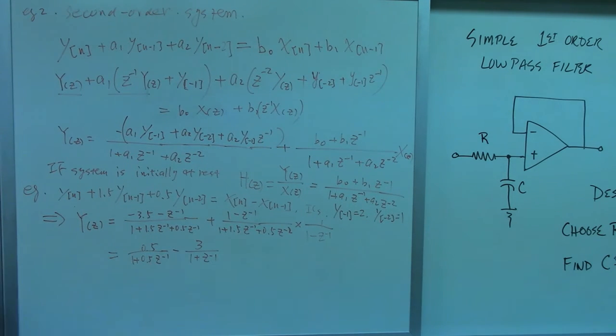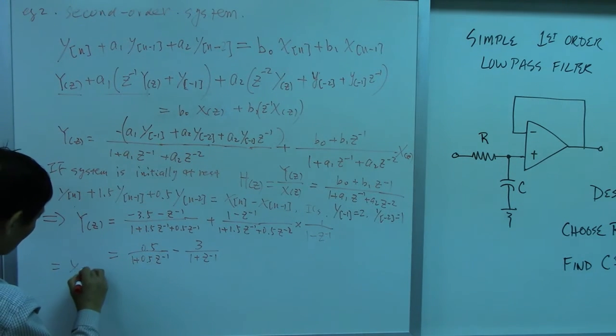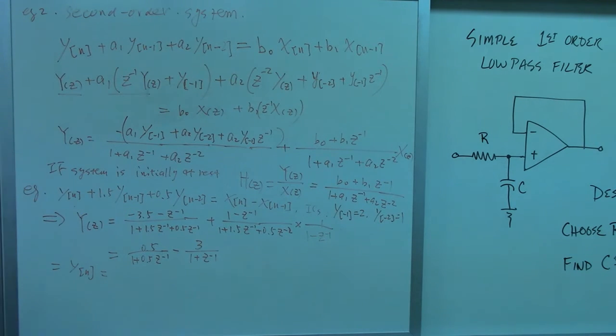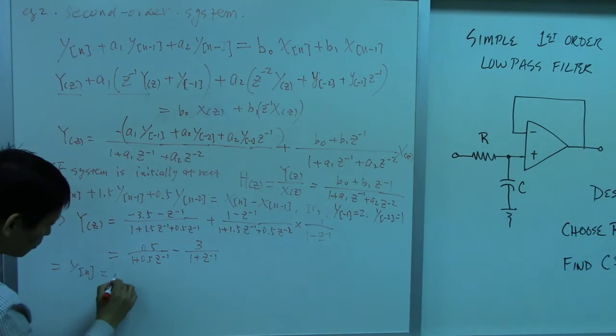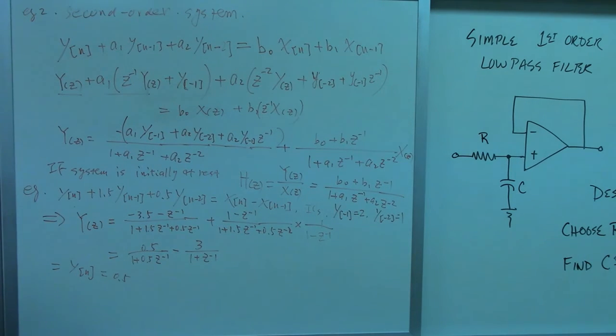Okay, so now what is the output, y[n]? This one is 0.5 constant. This looks like an exponential, right? What is a, 0.5 or -0.5? -0.5, right?